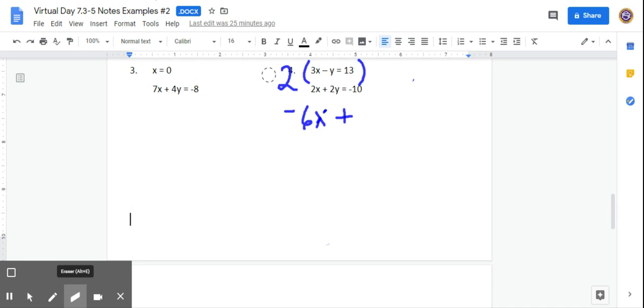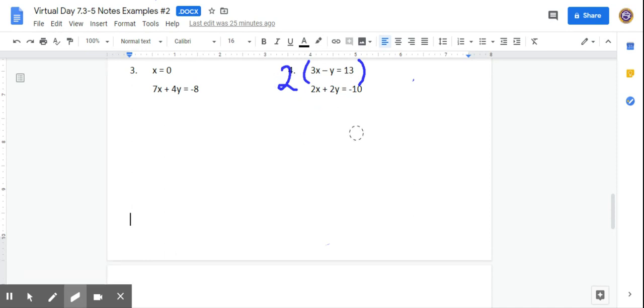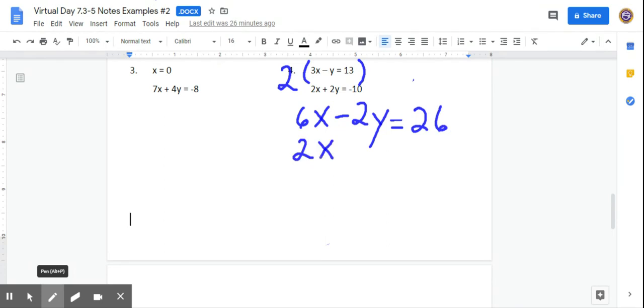I want to multiply by +2. So let's try that again. 2 times 3 is 6x. 2 times -y is -2y. And 2 times 13 is 26. Now I'm going to copy that second equation.